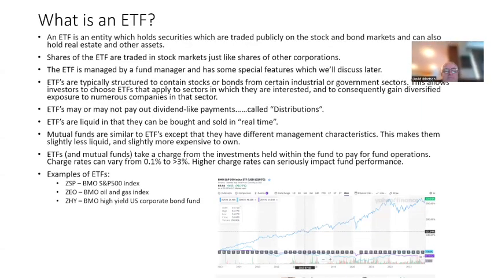What's an ETF? Okay, so an ETF is a legal entity. So it's essentially a corporation which holds securities, i.e. stocks or bonds or other assets issued by publicly traded corporations on the stock and bond markets. So an ETF could be, let's say, an oil sector ETF.